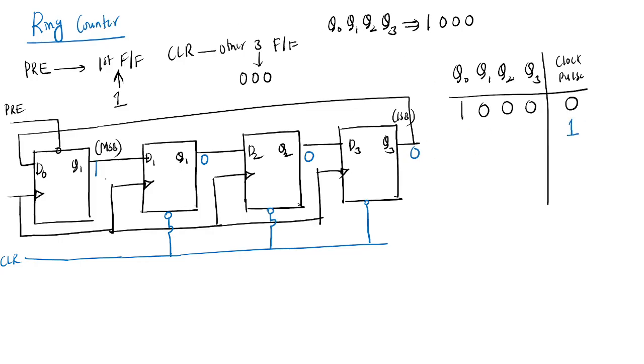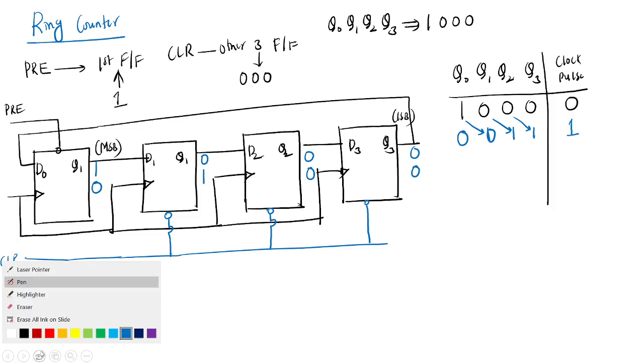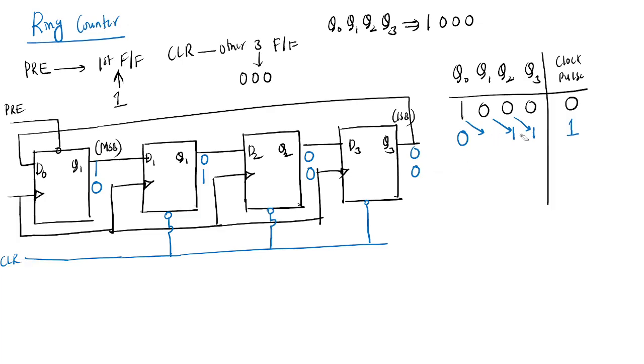At the first clock pulse, what happens? The 0 will come to D naught, and the 1 will shift to the next flip flop. So this is 0, 1, 0, 0, and the remaining all are zeros. At the second clock pulse, what happens?